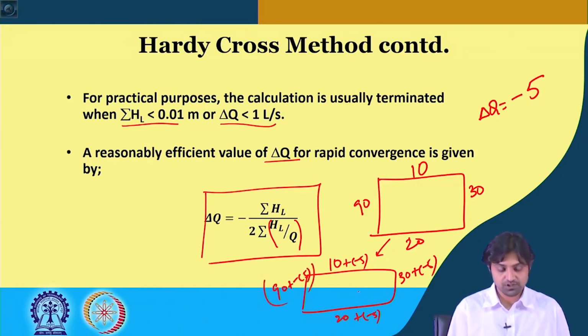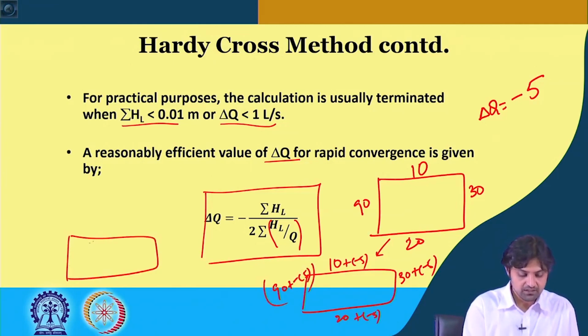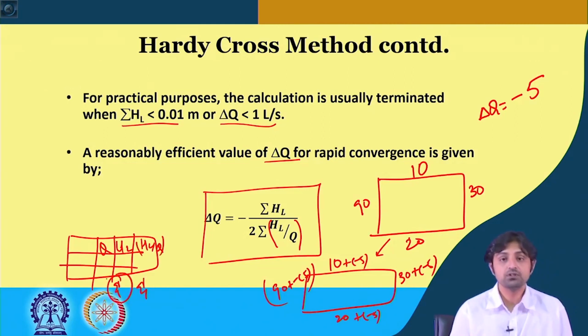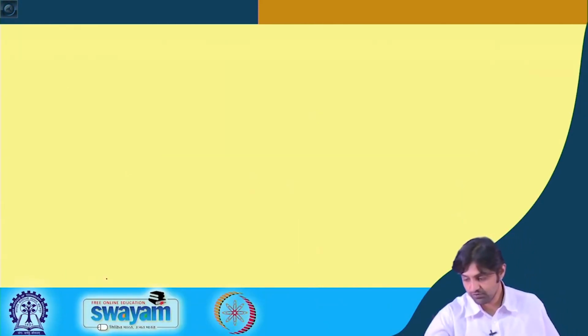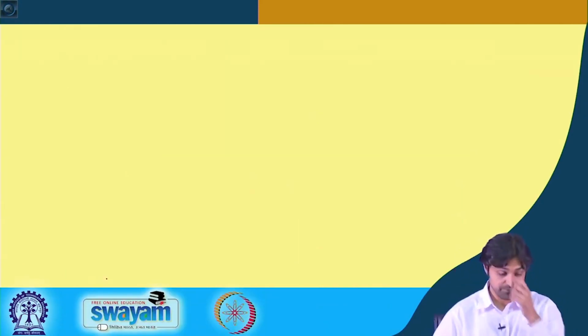And then you have to make the table again. For each of the pipes you have to write Q, HL, and HL by Q. Do the summation here, and you have to stop if this delta HL comes less than 1. So this is the broad explanation of the Hardy-Cross method.